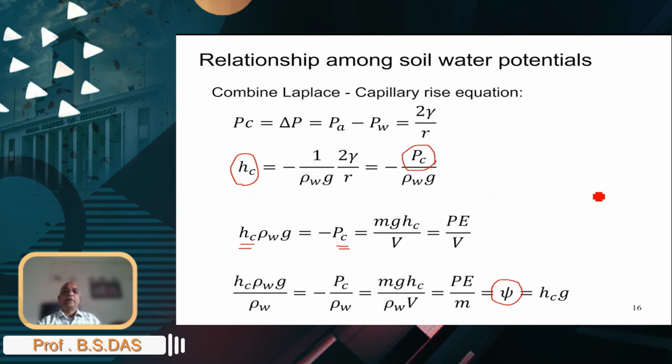So you could really, therefore, with these three forms of the potentials we just described, be in a position to interrelate them through these basic principles of fluids that we just studied, right?